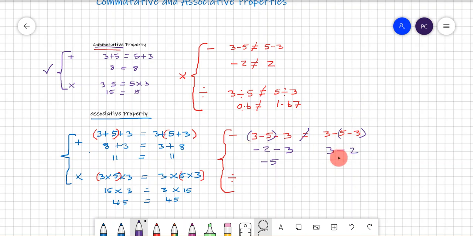So 3 minus 2, that's going to be equal to 3 minus 2 is 1. So we can see that these are not equal to each other.